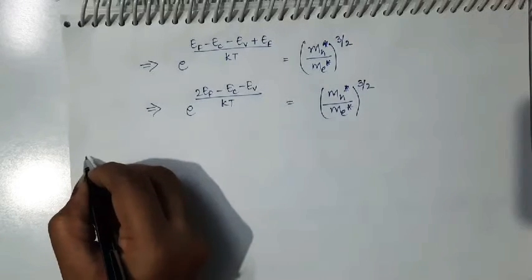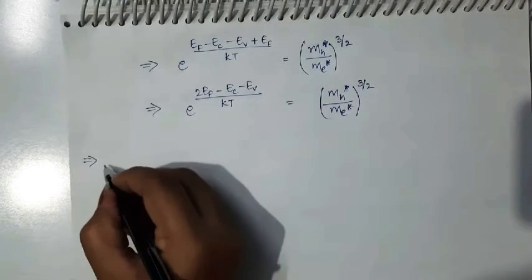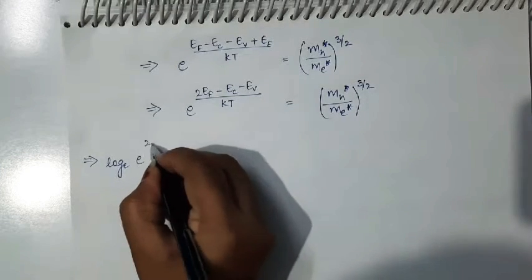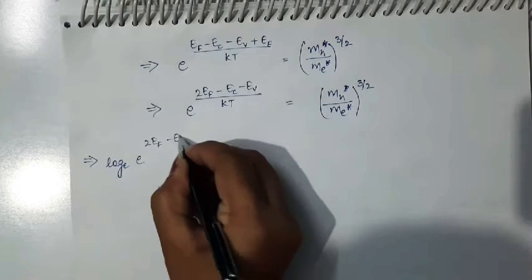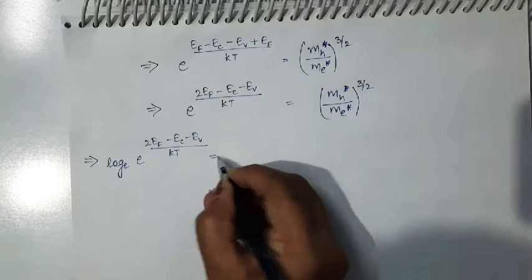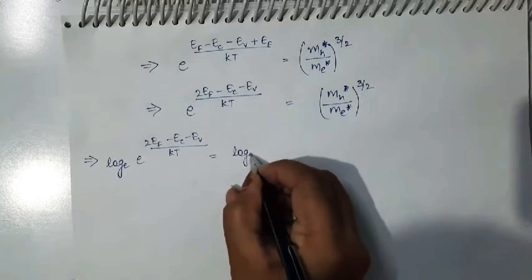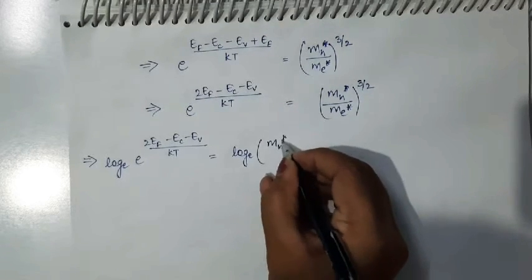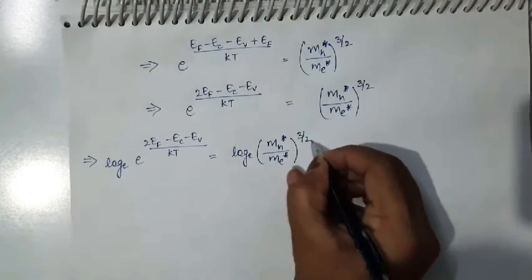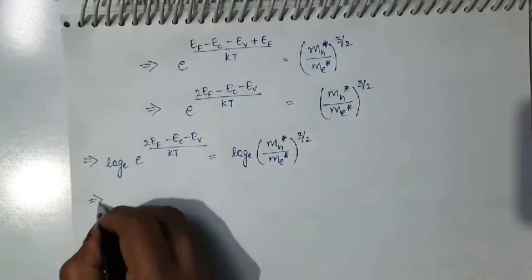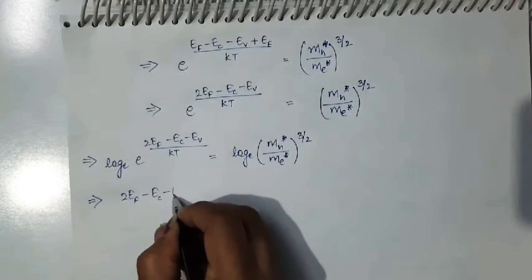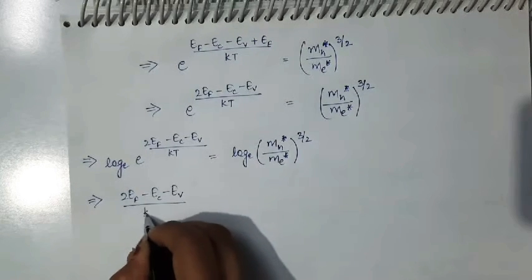Now take the natural log on both sides. After taking the natural log on both sides, we will have this. Then apply the formula of log m raised to power n, which is equal to n log m.